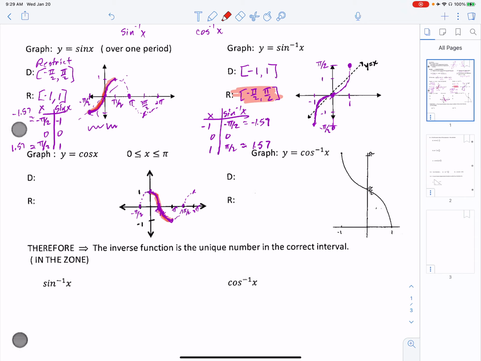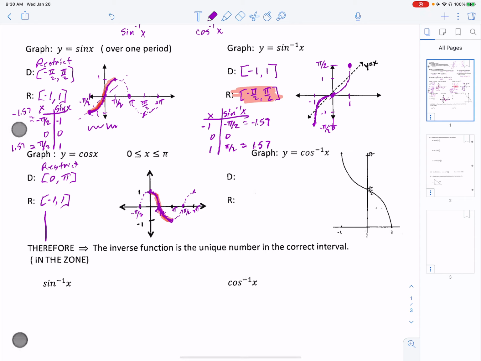So I'm going to restrict again the domain, but it's a different restriction because I want an interval where this is always increasing or always decreasing, and I want to include quadrant 1. And to do that, I need to restrict my domain from 0 to pi. And then my range is -1 to 1.